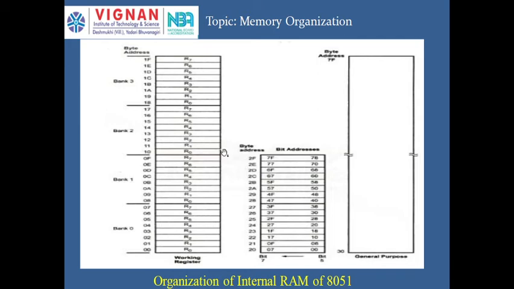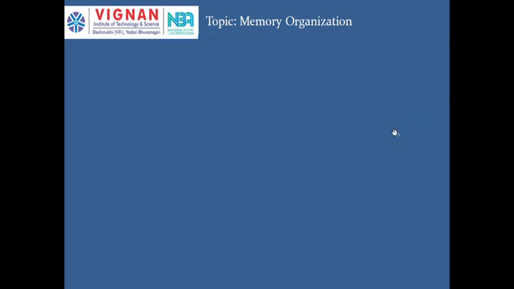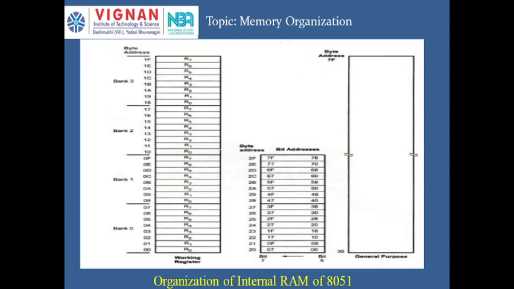Above this bit addressable area, from 30H to 7FH is called general purpose RAM. It is addressable as bytes, so we can use it as general purpose memory. So this is about the internal memory organization.